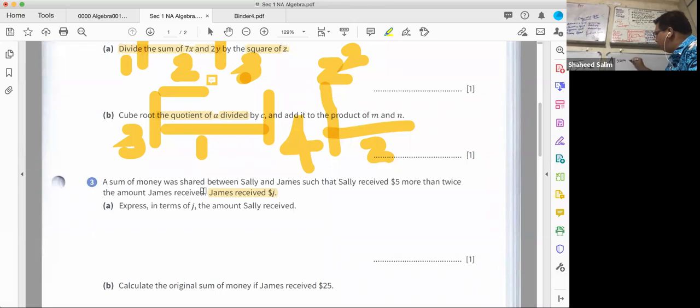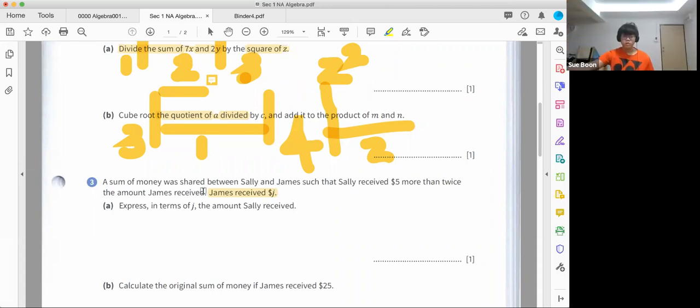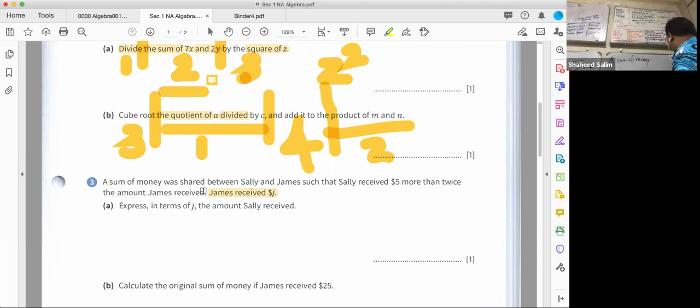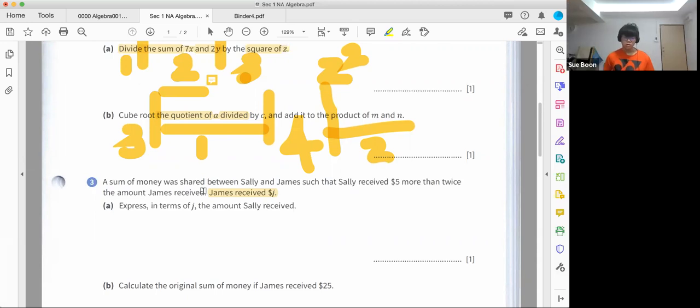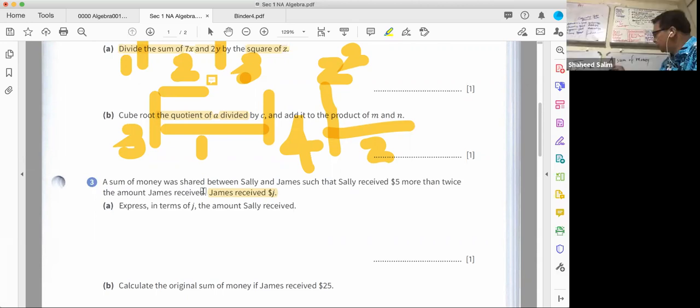A sum of money was shared between Sally and James. Okay, I write it for you. I cut it for you into the parts. A sum of money, was shared, between, Sally and James.